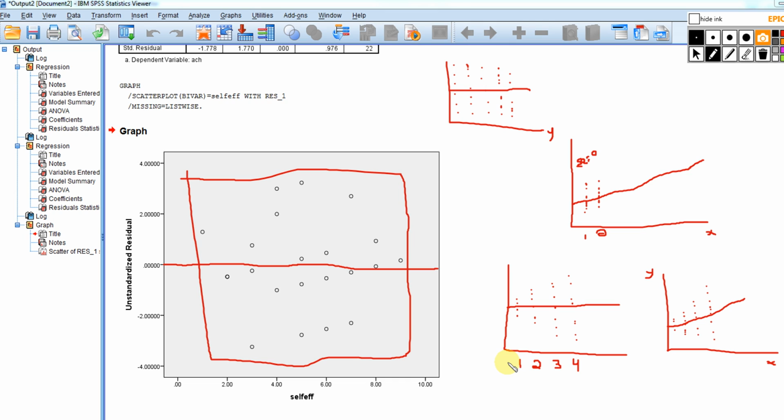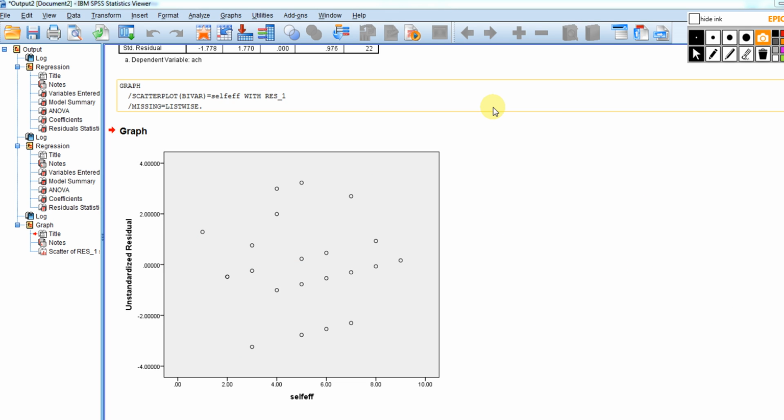So another assumption pertains to normality of the residuals. In other words, what this means is that the residuals ought to be normally distributed at each level of your predictor variables. So you should see normal distributions.